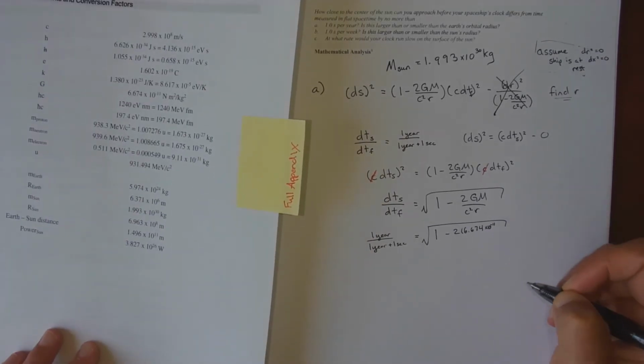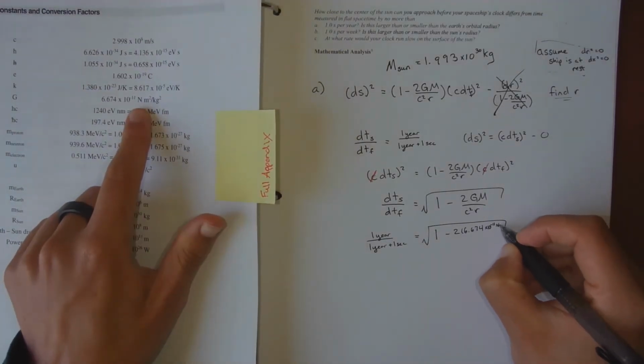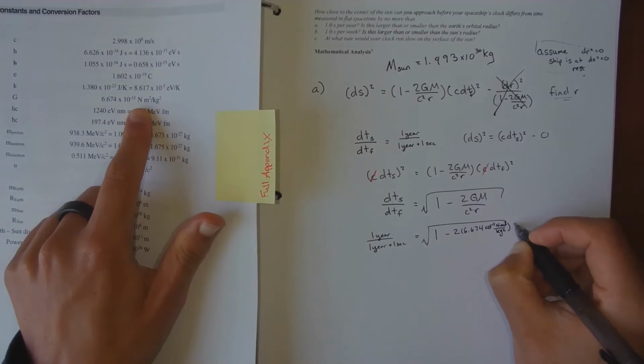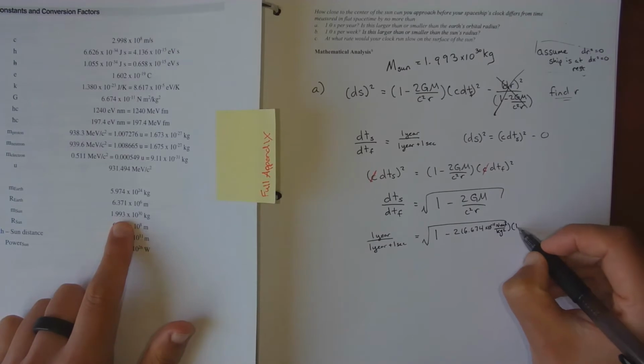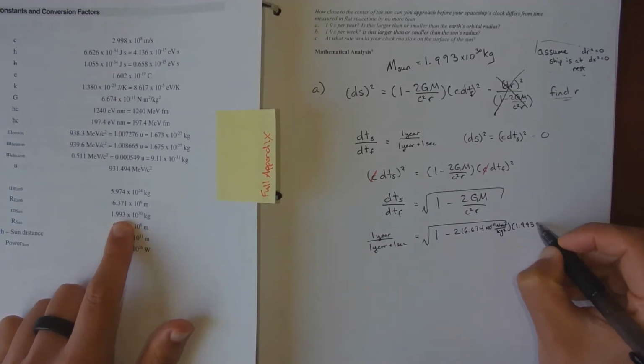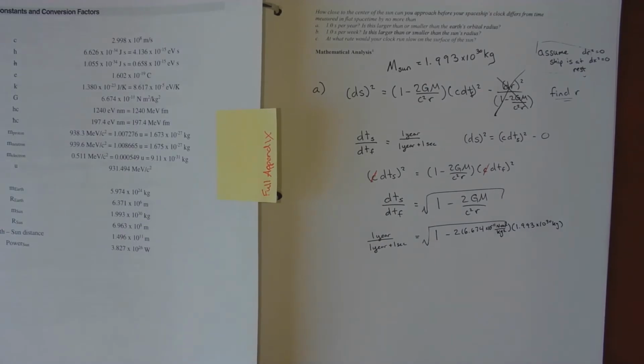I think we'll try and squish the units in here. Okay, so this is newtons times meters squared per kilogram squared, and this is times the mass of the sun, which is 1.993 times 10 to the 30th kilograms, just like we said up here.